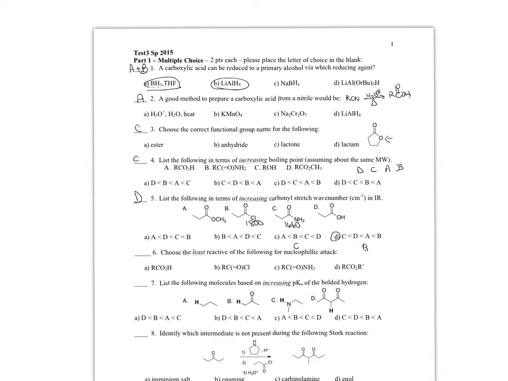6. Choose the least reactive of the following for nucleophilic attack. All right. Well, we have an acid, we have an acid chloride, we have an amide, and we have an ester.